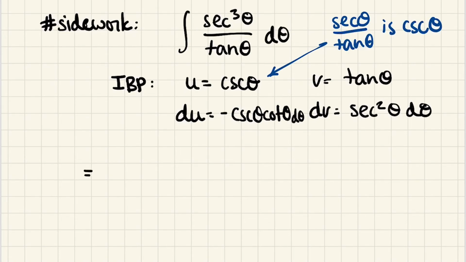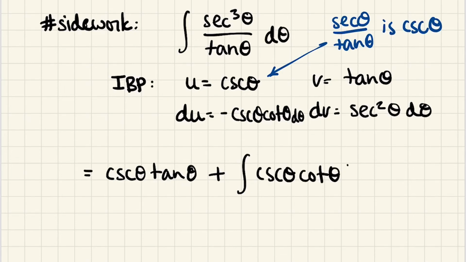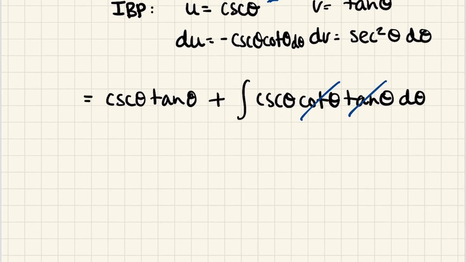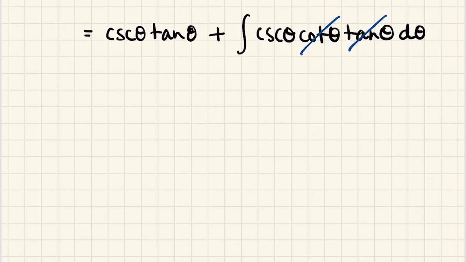So that means that our integral, being ultraviolet voodoo, is cosecant of theta times tangent of theta minus, well, that'll be a plus because of the negative there, the integral of cosecant of theta cotangent of theta times tangent of theta d theta. Okay, well, cotangent times tangent, of course, is 1, so this is just the integral of cosecant.